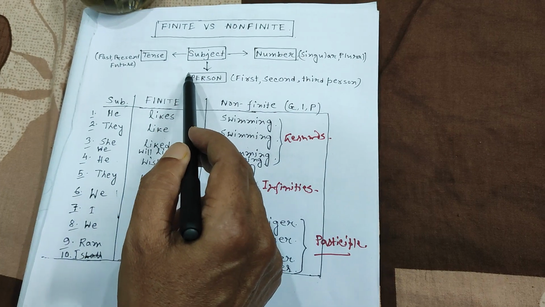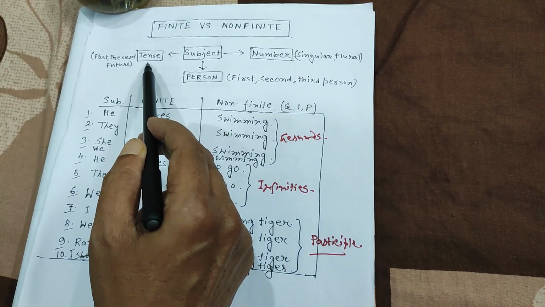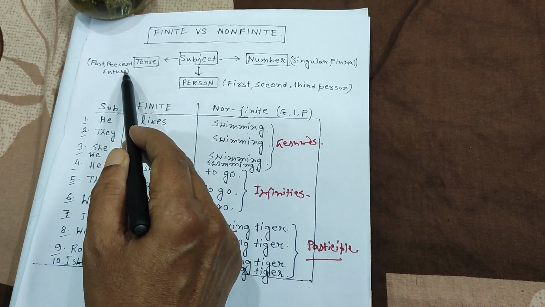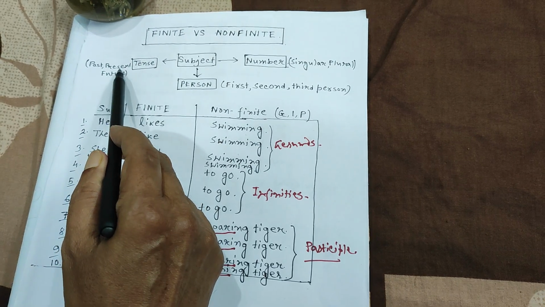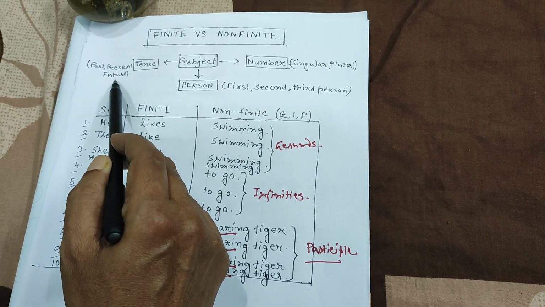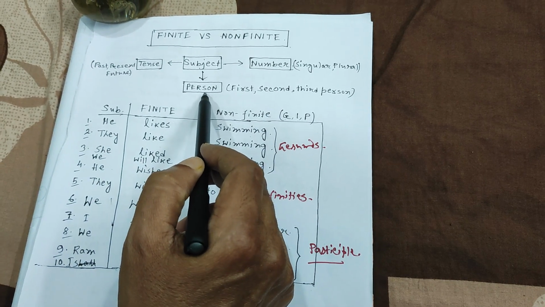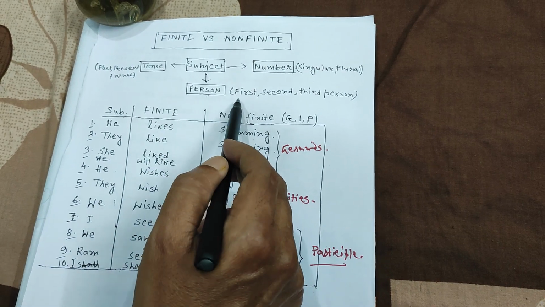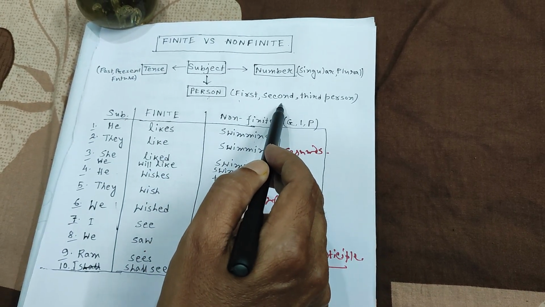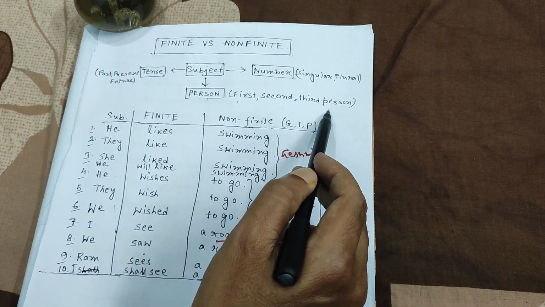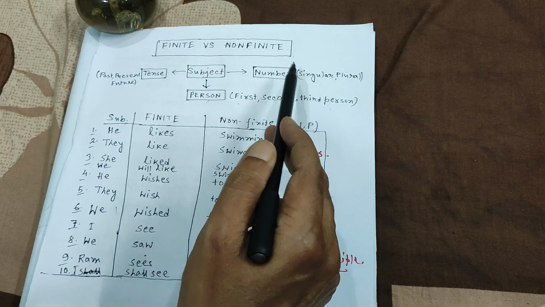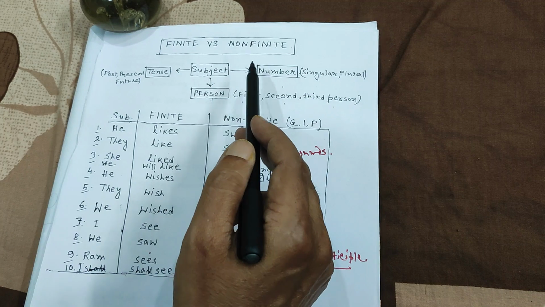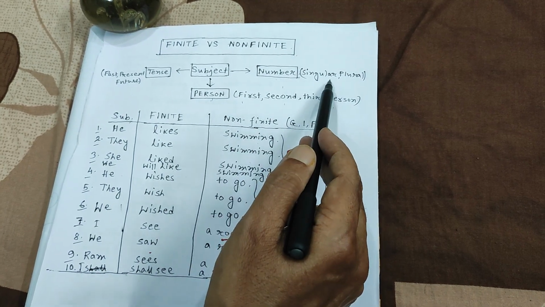The first is tense, that is, the subject is performing action in past tense, present tense, or future tense. The second parameter is person. That means the subject is in first person, or second person, or in third person. And the third parameter is number. That is, the subject is in singular number or plural number.